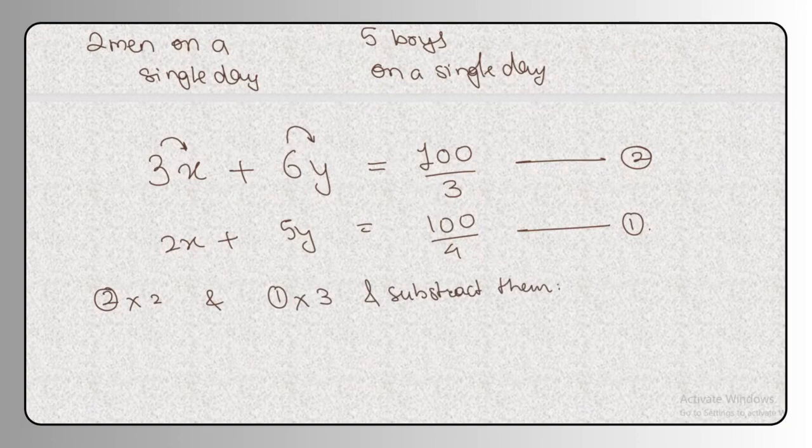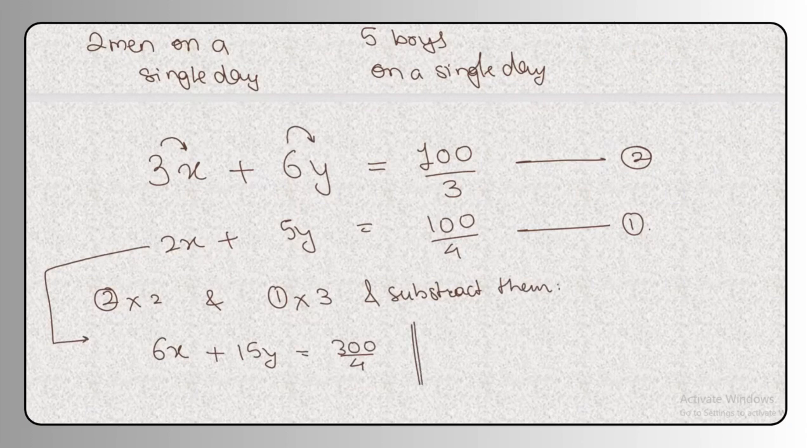So equation number 1 I will write first. It will become 6x plus 15y is equal to 300 upon 4, and equation number 2 would become 6x plus 12y is equal to 200 upon 3.